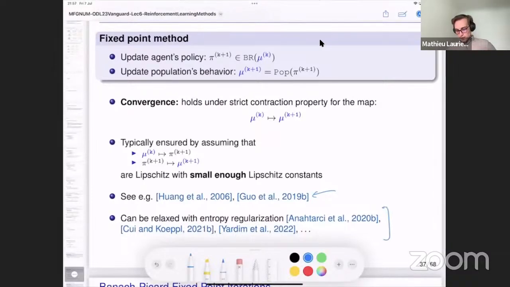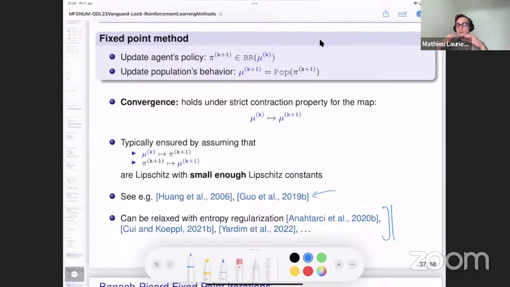There are different ways to relax. One way that has been studied is by adding an extra term in the reward function, an entropy term, which forces the policy to be diverse. So it cannot be concentrated on just one action because you penalize depending on the entropy of the policy. So the policy is the distribution over actions.